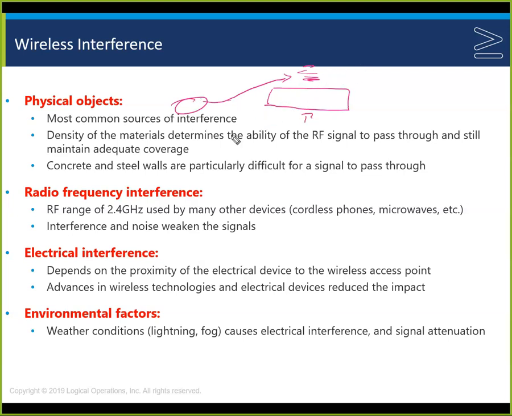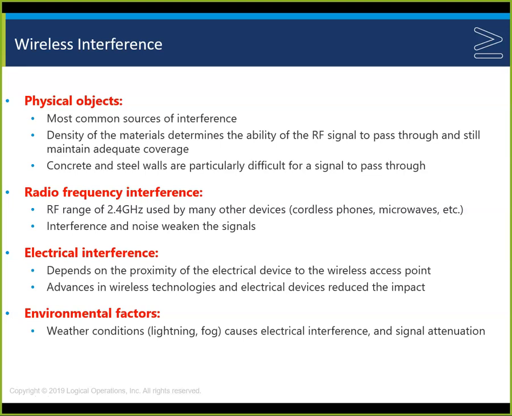The density determines the ability to pass it through and maintain coverage. The walls in our house, we're probably not going to have a real big problem getting it through, but the cement walls down here, concrete and steel, are particularly difficult to pass it through.